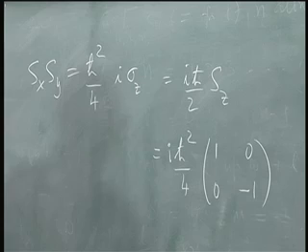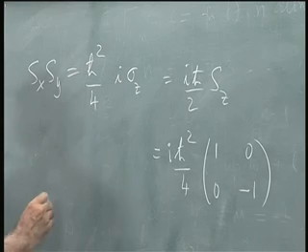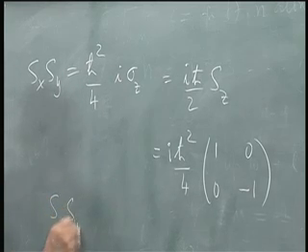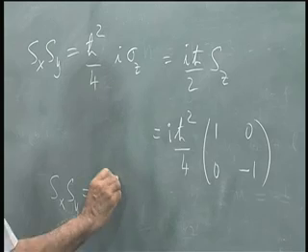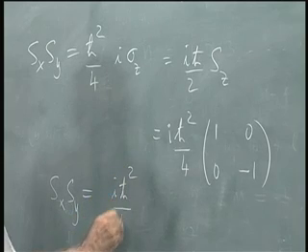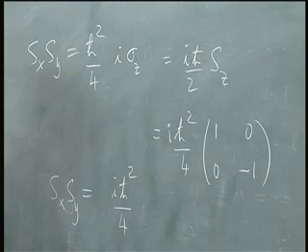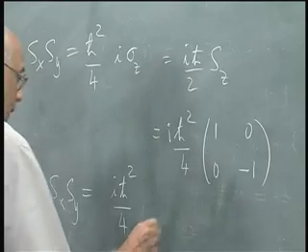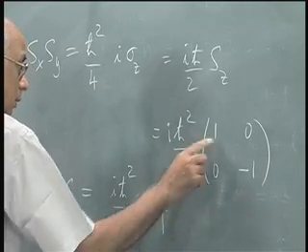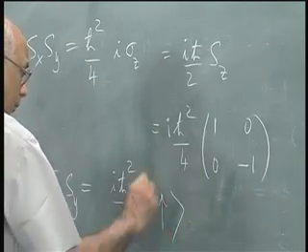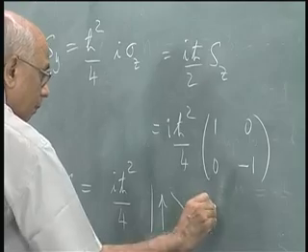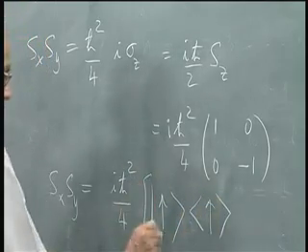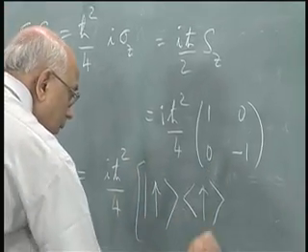So as an operator, remember this is in the basis in which you have diagonalized along Sz itself. So as an operator it says SxSy is equal to i ħ squared over 4, and in this basis it is this: ket up bra up, and then the minus sign, so minus ket down bra down.